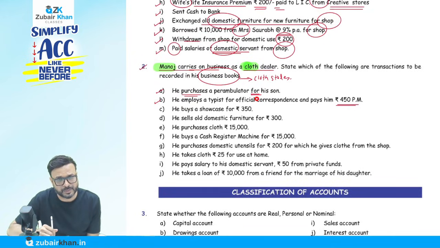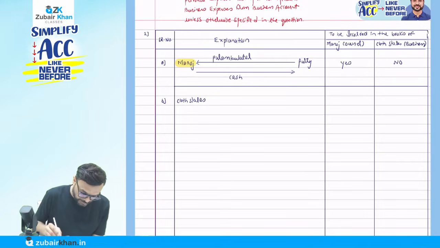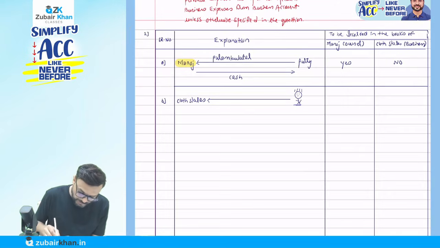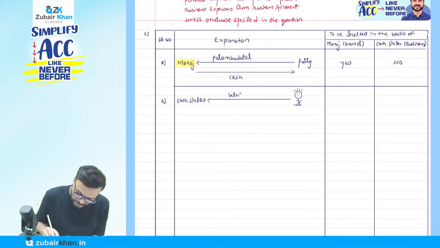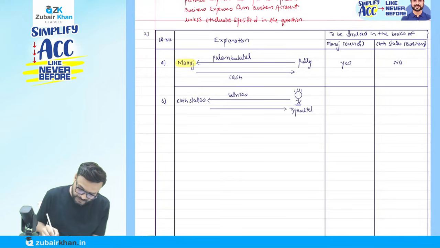So a business expense will be paid from the business, and a personal expense from personal money, unless otherwise mentioned. So the cloth store is getting certain services from the typist, and for that they pay an amount. Is Manoj involved?